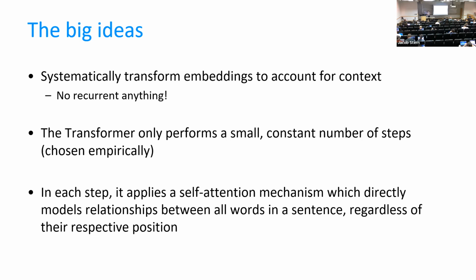During training for recurrent neural networks, you have to basically unroll sequentially in order to predict an entire sentence. Whereas with the transformer, you can predict an entire sentence during training in a single step.